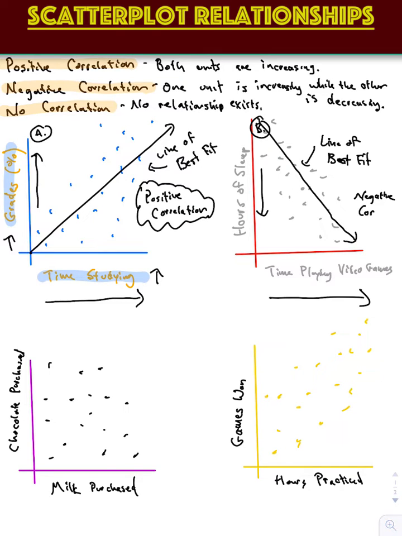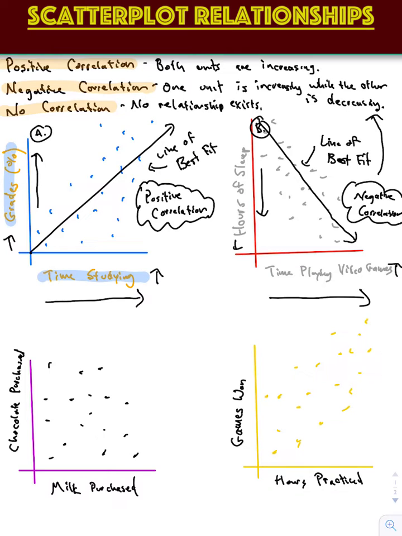Negative correlations exist when one unit increases and the other is decreasing, as it says up above. So as the time playing video games increases, the hours of sleep are going down, and vice versa. If you cut the time playing video games, if that were to decrease, the number of hours of sleep would go up. So it has a correlation.